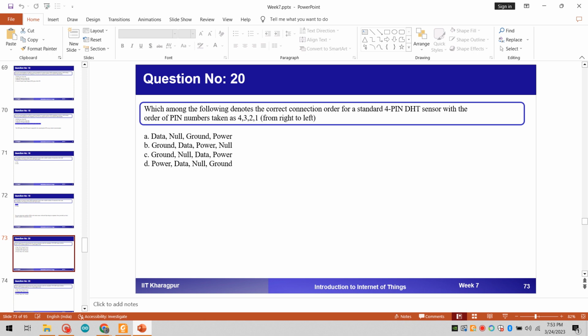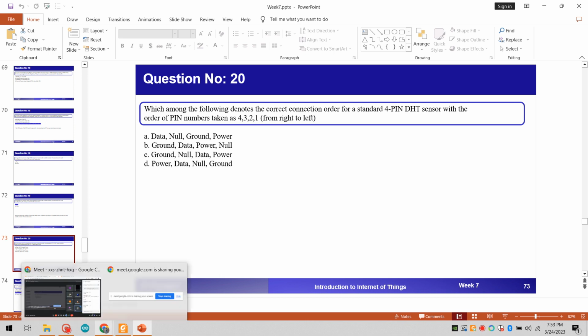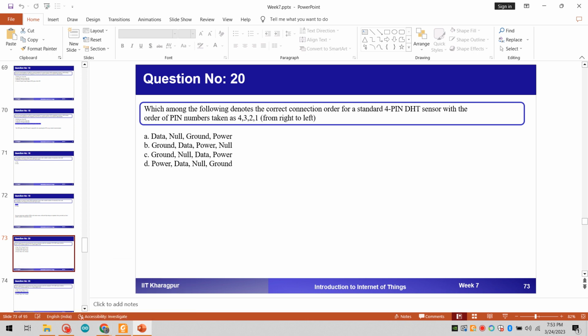Next question is, which among the following denotes the correct connection order for a standard 4-pin DHT sensor with the order of pin numbers taken as 4, 3, 2, 1? So basically you have to tell that pin 4 is related to what, pin 3 related to what, pin 2, and pin 1. Which of these options are correct? Okay, so pin 4 of DHT sensors implies what?